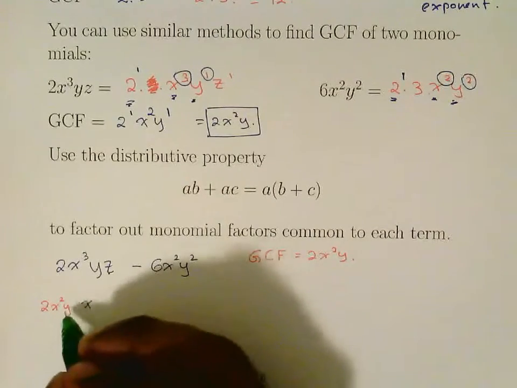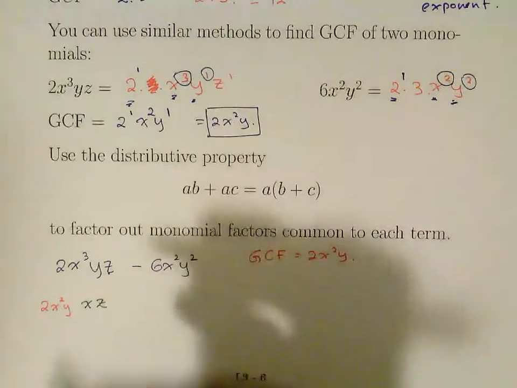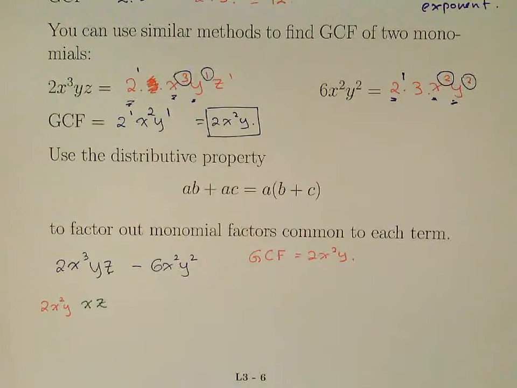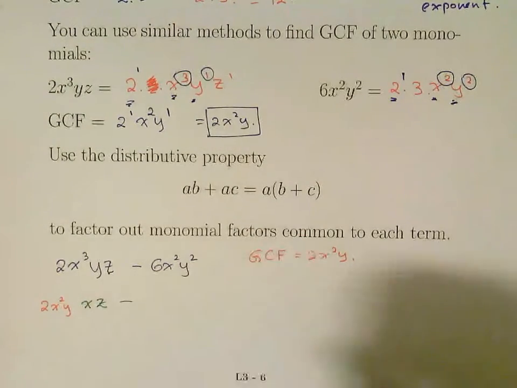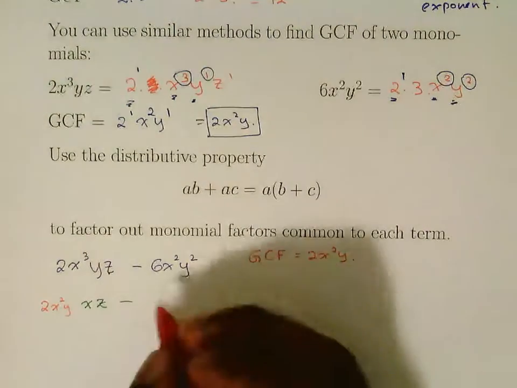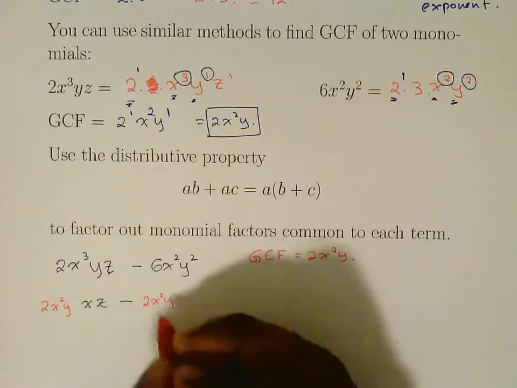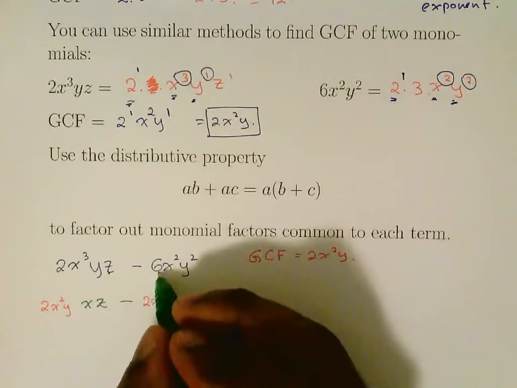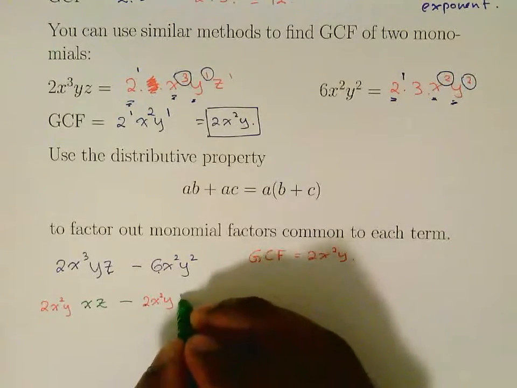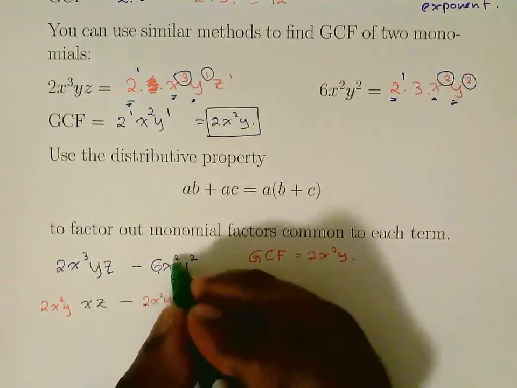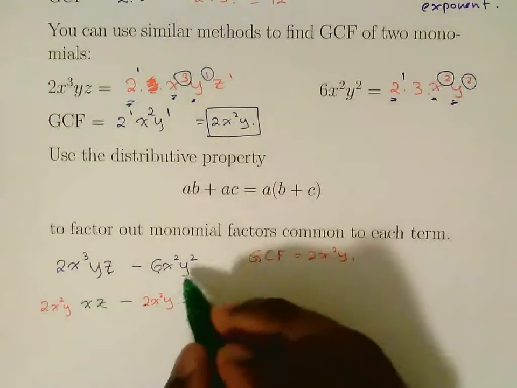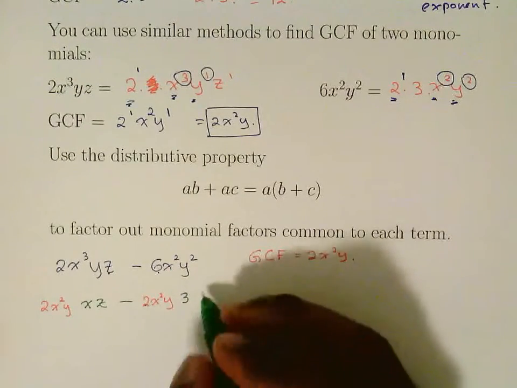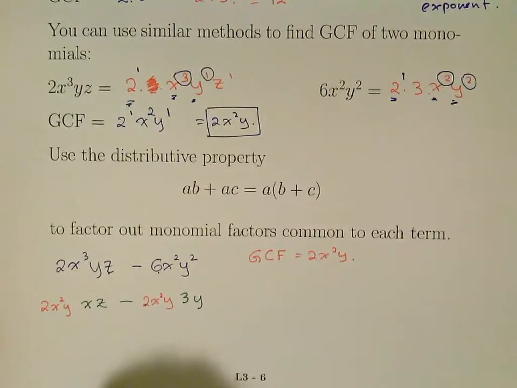You had z, you don't have z here, so write it down. And then minus. Write down the common factor again, 2x squared y. You had 6, now you have 2, so you need 3. You had x squared, you have x squared. You had y squared, now you just have y, so there should be a y here.